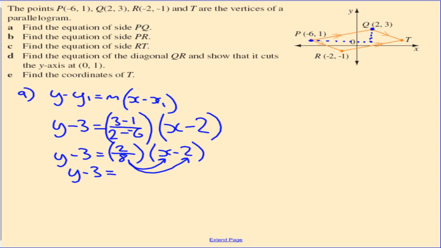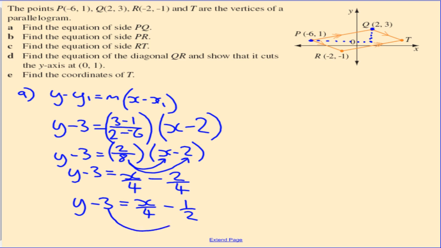Now my gradient could be 2 over 8, but I see that as 1 over 4, so multiplying that by x, I'm going to have x over 4 minus 2 multiplied by 1 over 4, which is 2 quarters. Cleaning it up again, y minus 3 equals x over 4 minus 1 half.